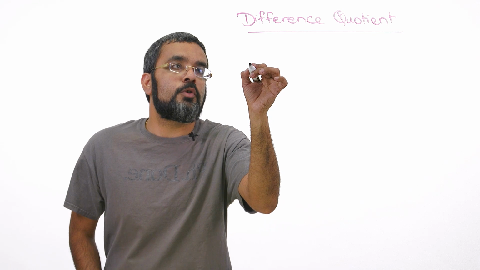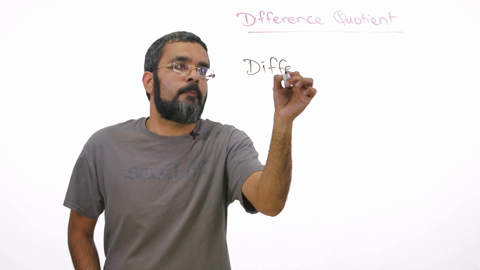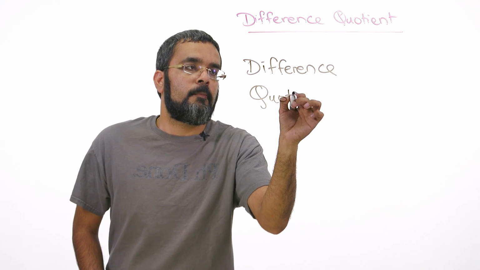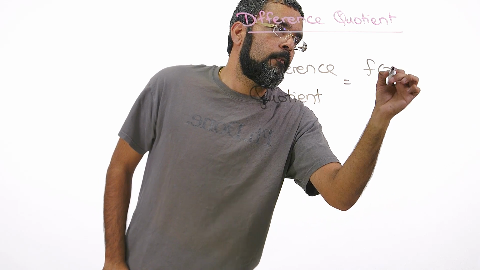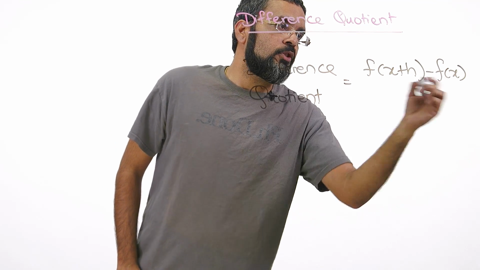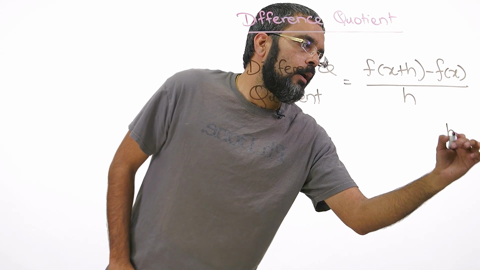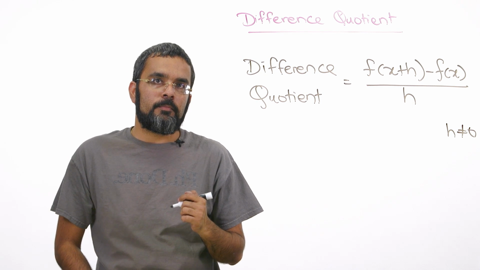So the difference quotient is given by f of x plus h minus f of x over h, and obviously we don't want h to be equal to 0, otherwise the denominator becomes 0.